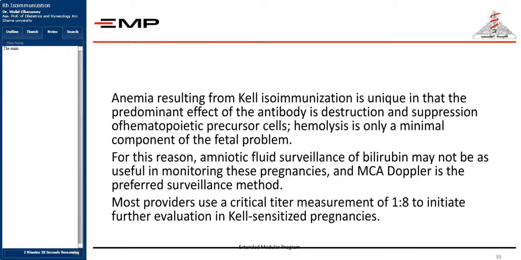Hemolysis is only a minimal component of the fetal problem. For this reason, amniotic fluid surveillance of bilirubin may not be as useful in monitoring these pregnancies. Middle cerebral artery Doppler, which is the current trend, as we said, is the preferred surveillance method. Most providers use a critical titer measurement of just 1 to 8, not 1 to 16, as we said in anti-D isoimmunization, to initiate further evaluation in Kell-sensitized pregnancy.